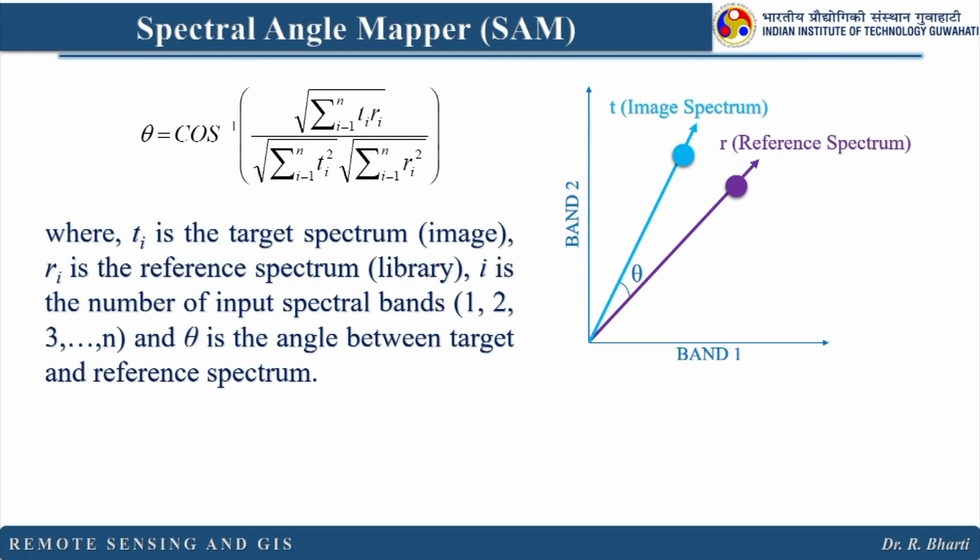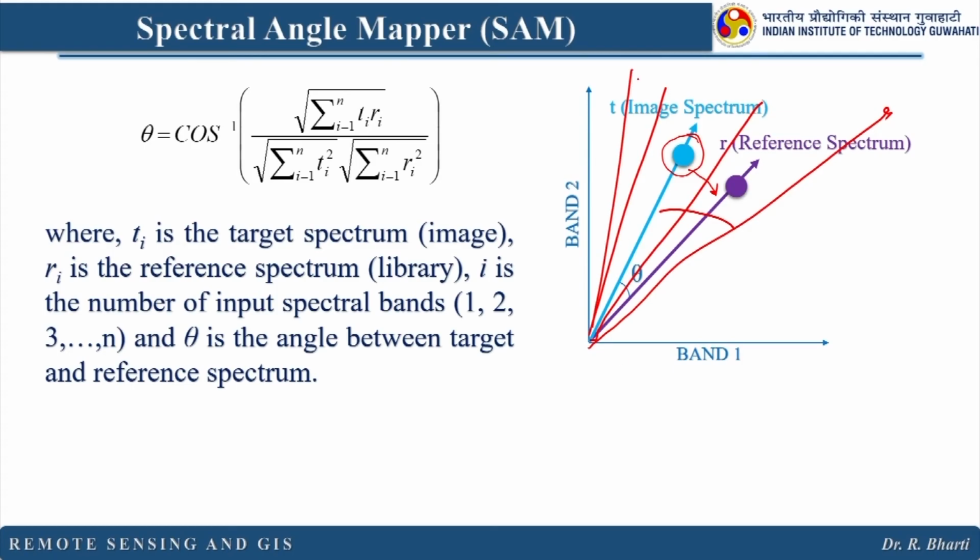When we have such a method, we need to provide some threshold, and only then will this particular image spectra be classified into this class. Otherwise, if the threshold value is not matching, or if theta is more than the threshold value, then the next end member has to be plotted here and measured against this, and if it is not matching, then the third one, and so on.